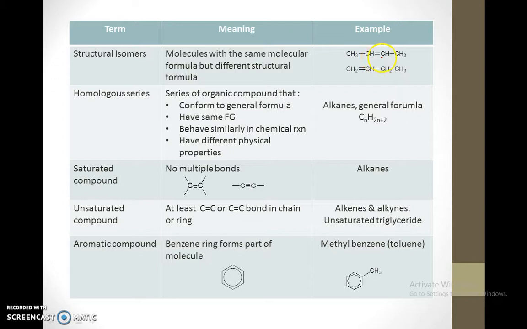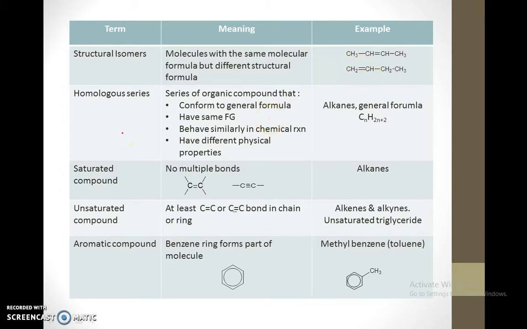In the first butene, the double bond is located at the second carbon, but for the second organic compound, the functional group is located at the first carbon.